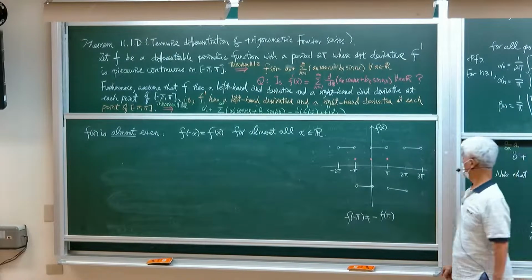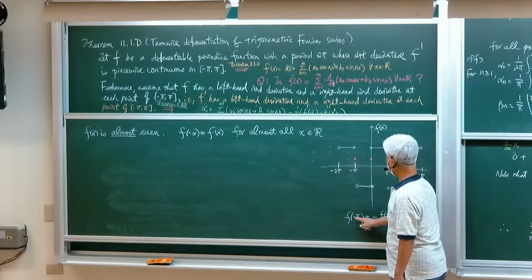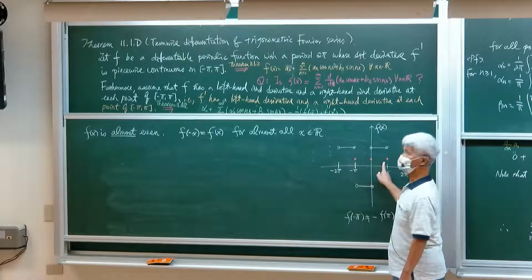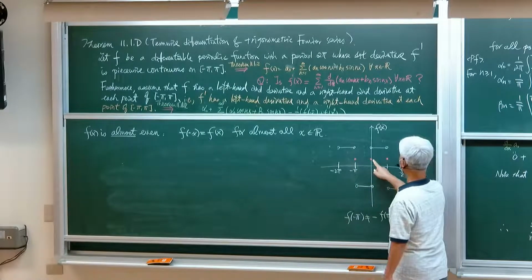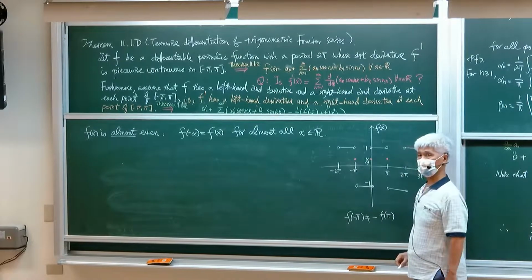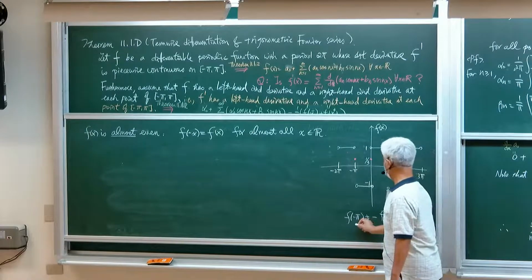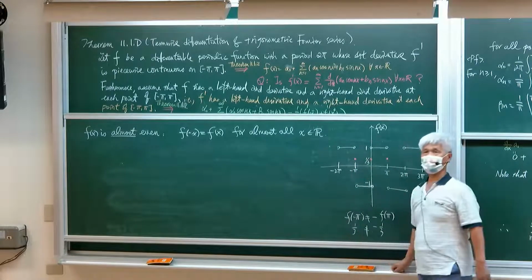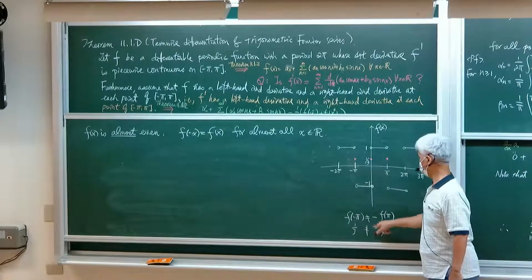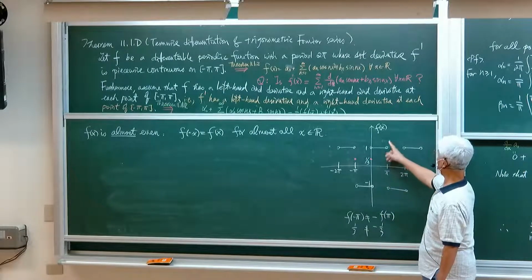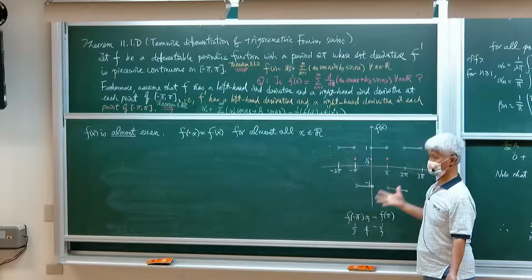Maybe I assign here this is 1/3, but this is minus 1/3. Of course, they are not equal, right? So it's not an odd function. And of course, it is not even, because this part is not even.